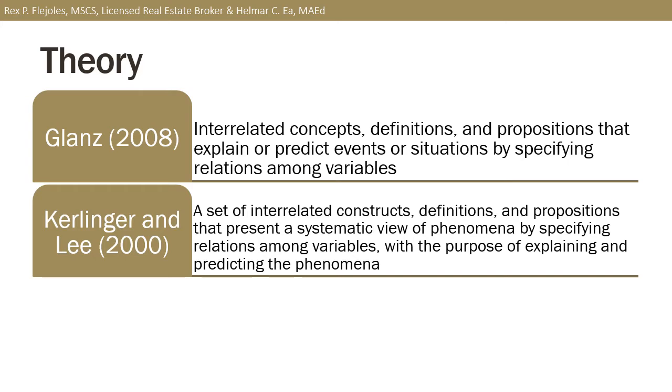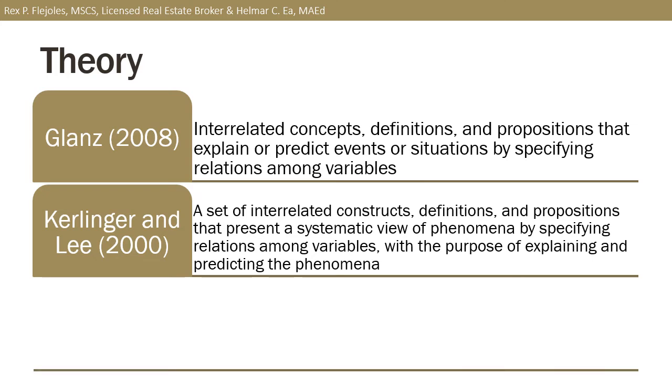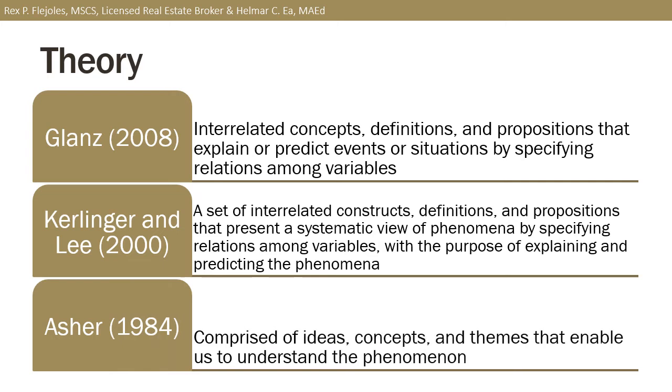Similarly, Kerlinger and Lee defined it as a set of interrelated constructs, definitions, and propositions that present a systematic view of phenomena by specifying relations among variables with the purpose of explaining and predicting the phenomena. Also, Usher defined it as comprised of ideas, concepts, and themes that enable us to understand the phenomenon.